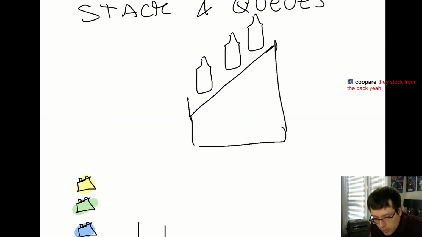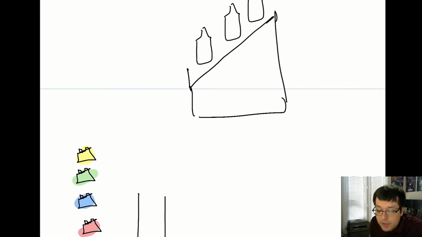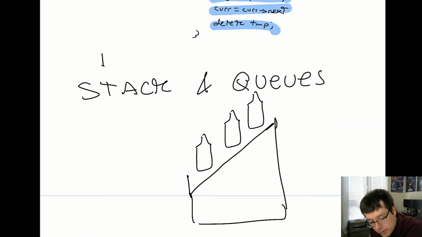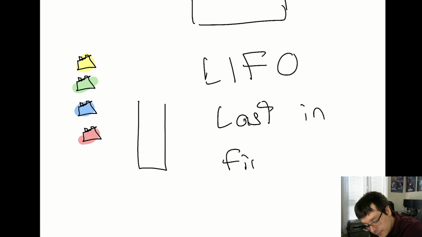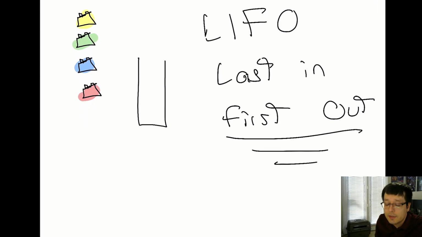So the best way to remember stacks and queues, let's stick with stacks first, is LIFO. Stacks are going to be LIFO, and queues are going to be FIFO. LIFO stands for last in, first out, which means the last item you put in is the first one you take out.